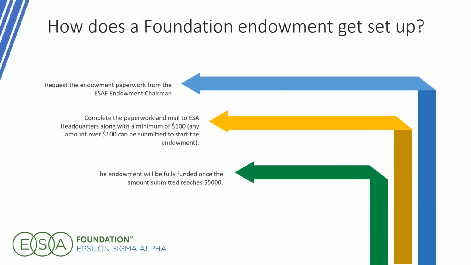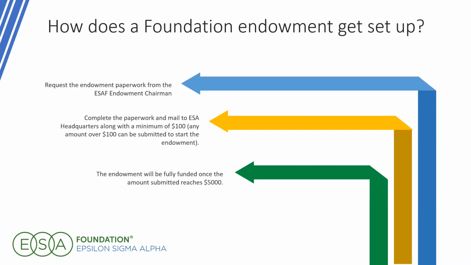And then that gets mailed to ESA headquarters, along with a minimum of $100, which is the minimum to start an endowment, although any amount over $100 can be submitted. Additional funds get added to the endowment over time, but it gets fully funded once it reaches $5,000.